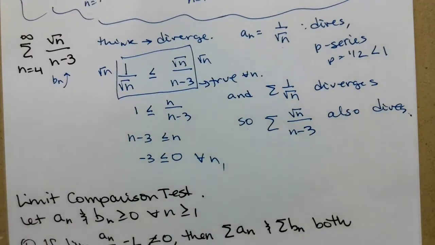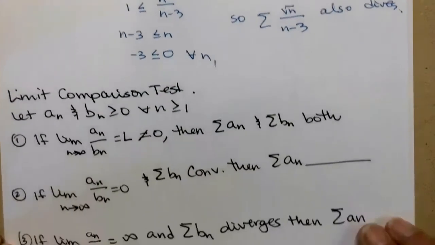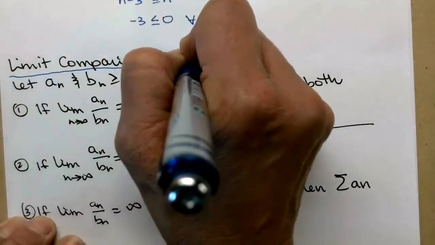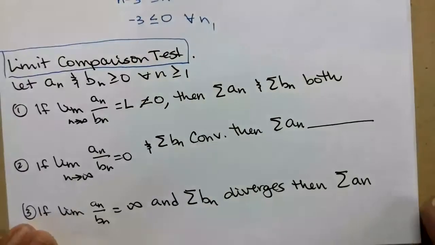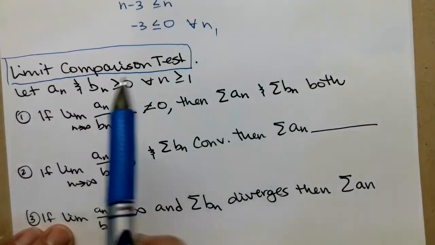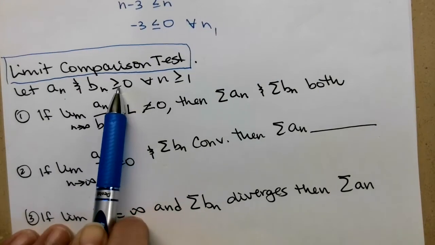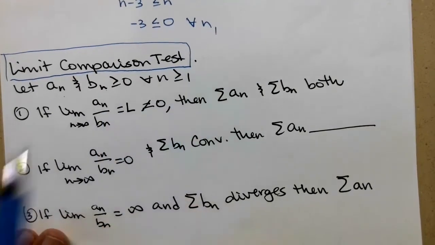Now, just to be especially obnoxious, we're going to do another one called the limit comparison test. Okay, so here are our assumptions. a sub n and b sub n just have to be greater than or equal to 0 for all of your n's greater than 1.